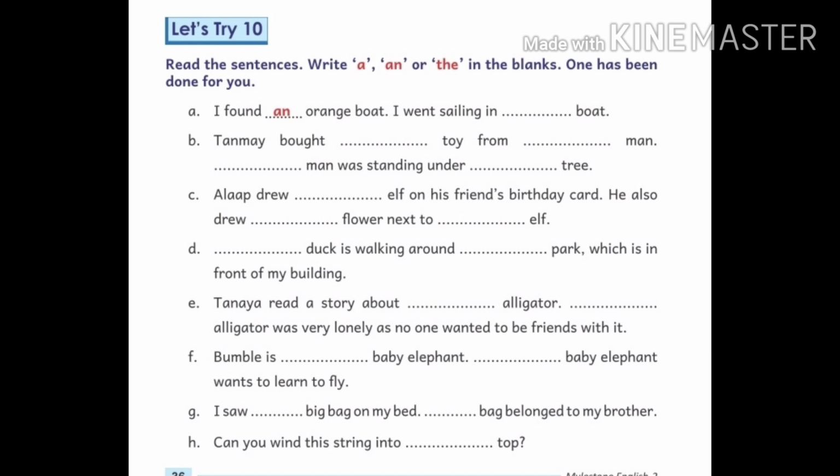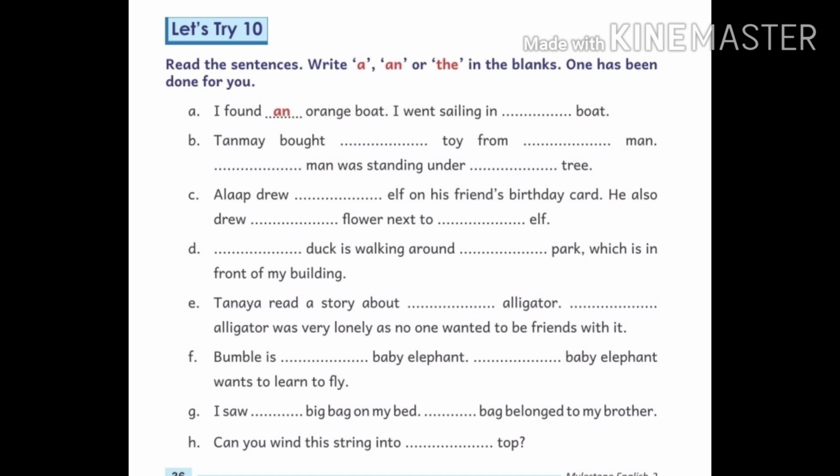A is used before common nouns which are in singular number and which begin with a consonant sound. Example, a book, a pen, etc. Indefinite article an. An is used before common nouns which are in singular number and which begin with a vowel sound. Example, an apple, an egg, etc.